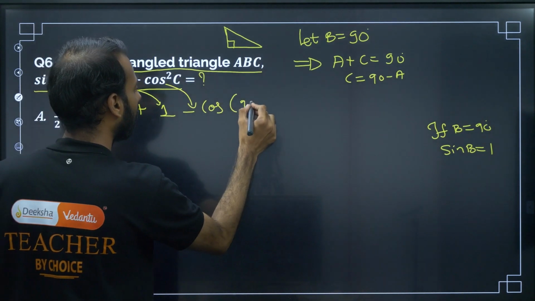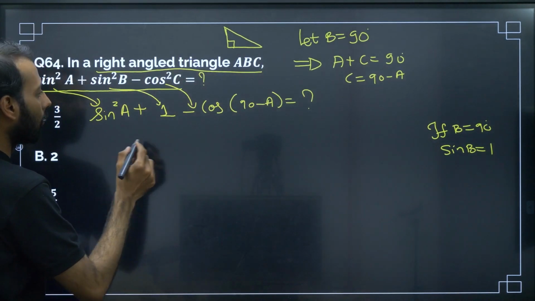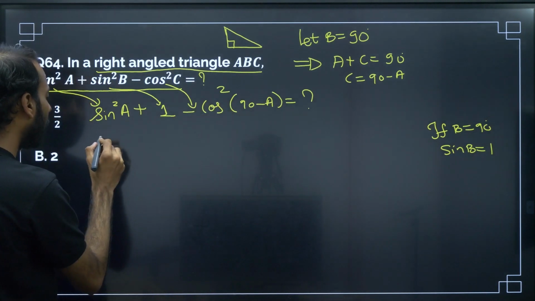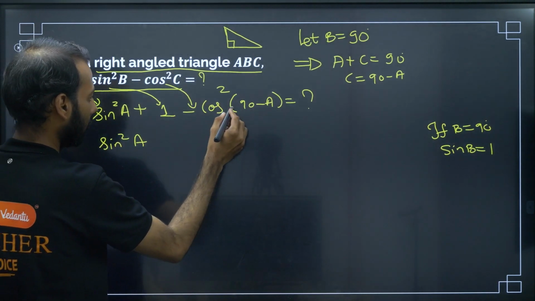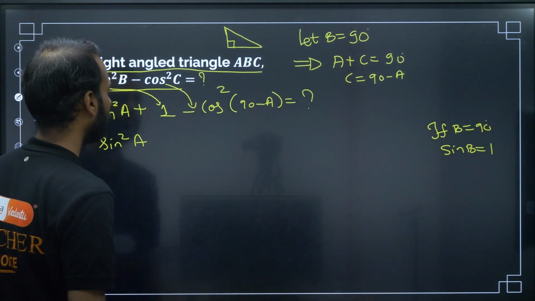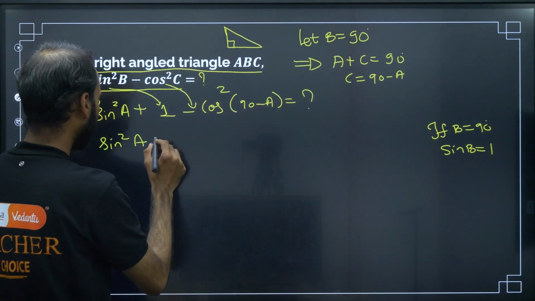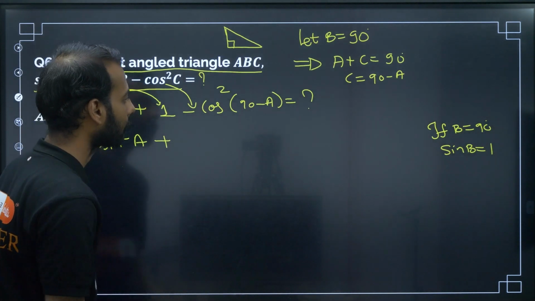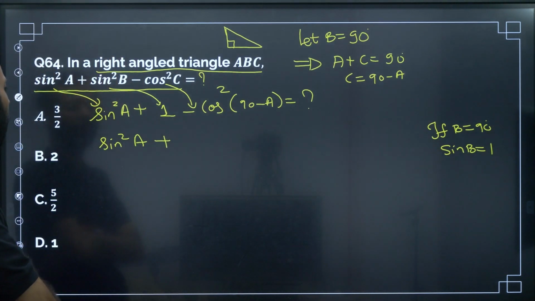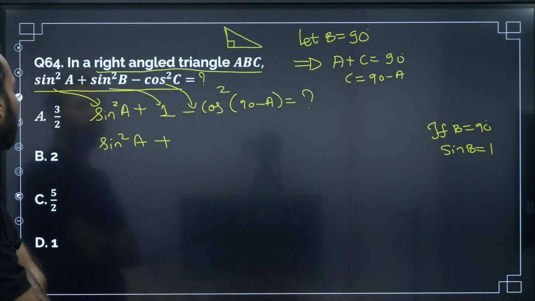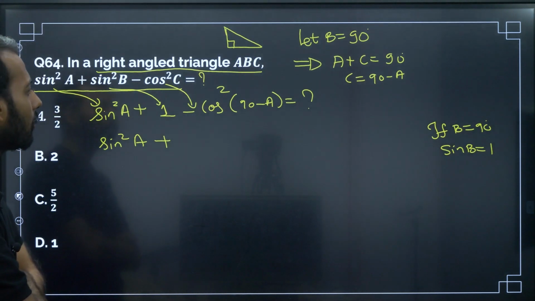Sin square A minus cos square 90 minus theta; cos 90 minus theta is sin theta. So we are not able to reach any conclusion.